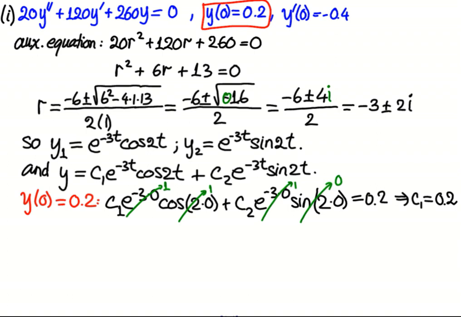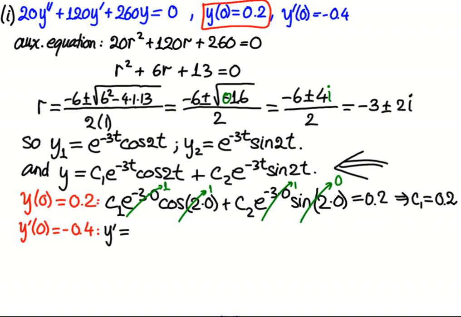Next, we have the derivative is equal to negative 0.4. We don't have the derivative yet, but we have the function. So from this function, we take the derivative first and worry about the values of t later. Now we take the derivative of this function.